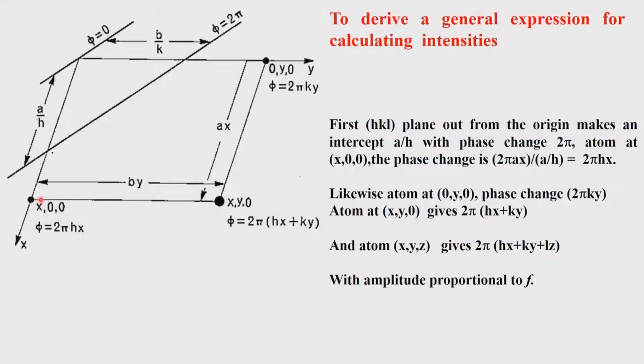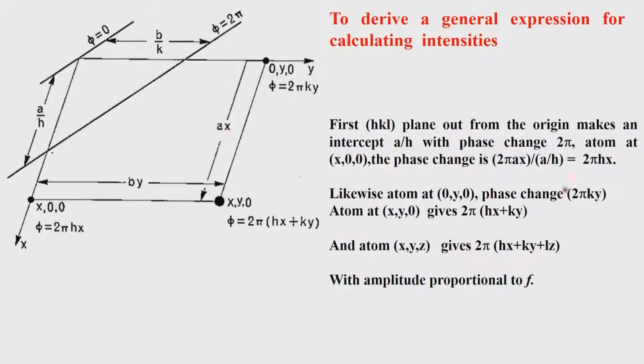So, the contribution to this plane is 2 pi h x if there is an atom sitting at x 0 0. Likewise, if there is an atom sitting at 0 y 0, it will become 2 pi k y, because it will be 2 pi b into y divided by b by k. So, that will become 2 pi k into y, and similarly if it is in the L direction, it will become 2 pi L into z.